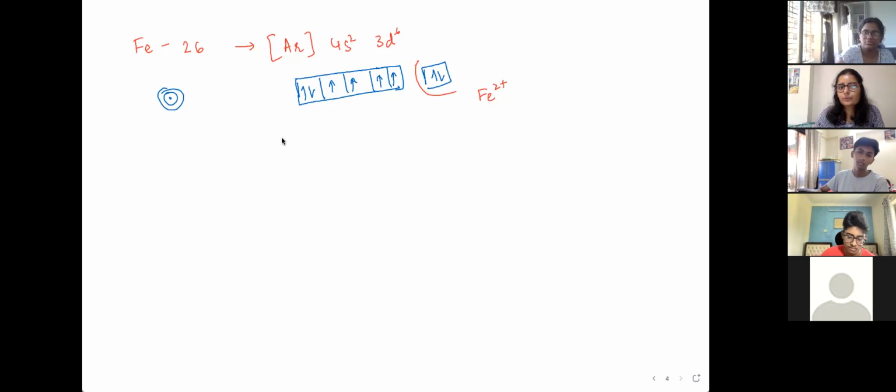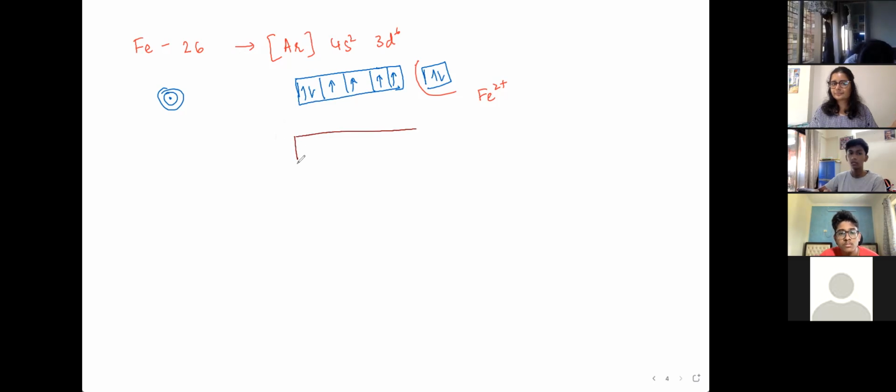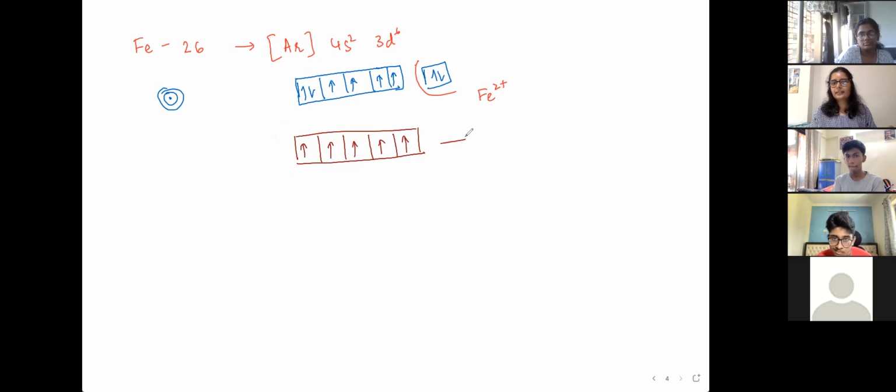Yes. So agar fully filled configuration possible nahi hai, it is going to go for the next best thing, which is the half-filled configuration. Do you remember half filled is stable? So it has a perfectly half-filled configuration. D5 milega on losing this single electron, and that's when it forms the Fe3+ ion. So these are the 2 possible oxidation states or valencies for iron.